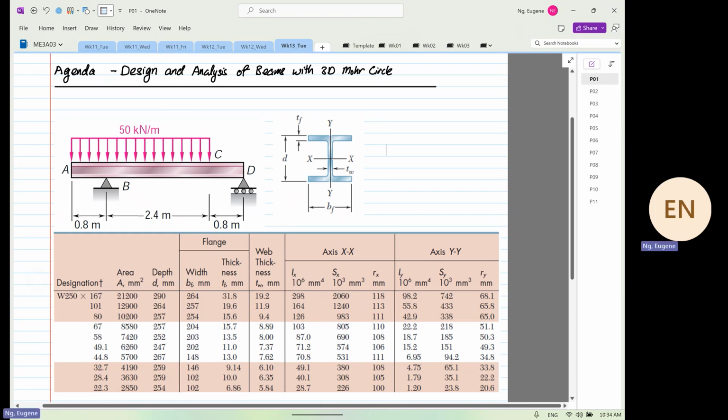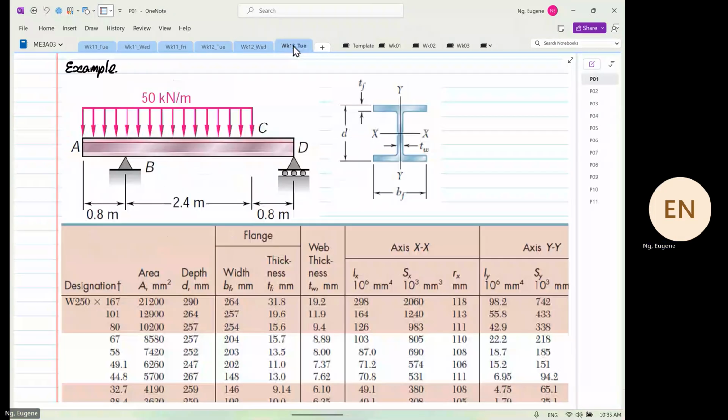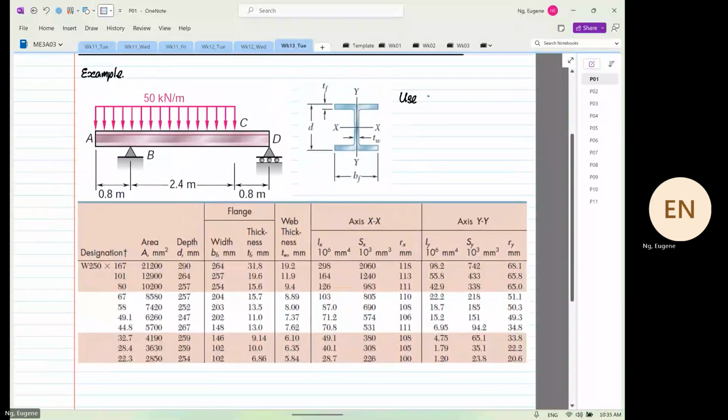So the structure that we use for this question is W250 by 28.4. Okay.